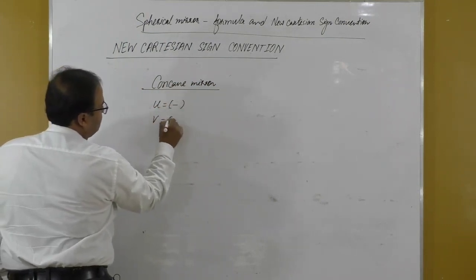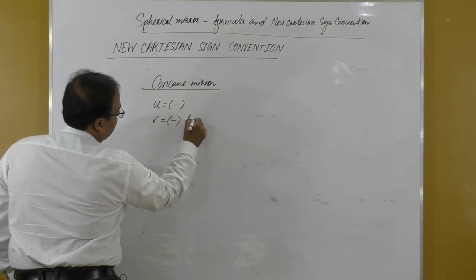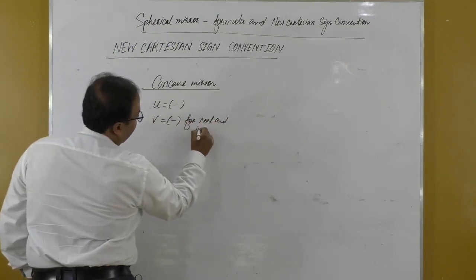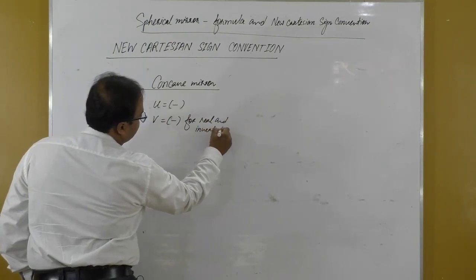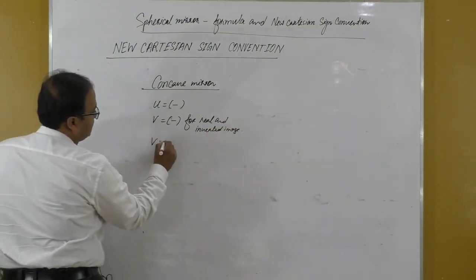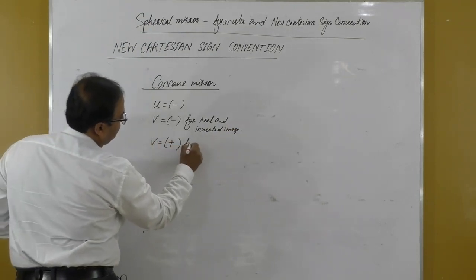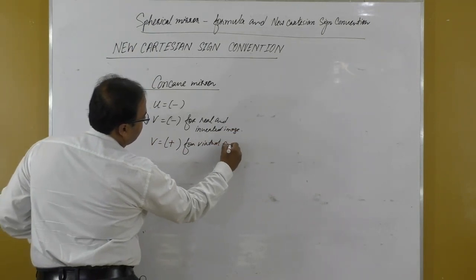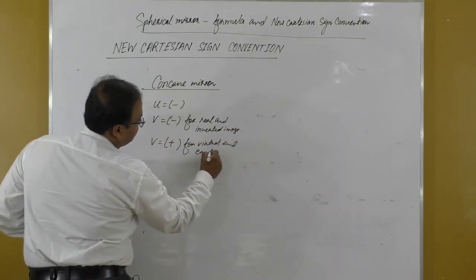V is negative for real and inverted image, V is positive for virtual and erect image.